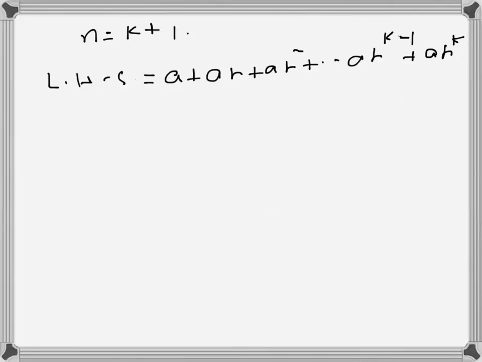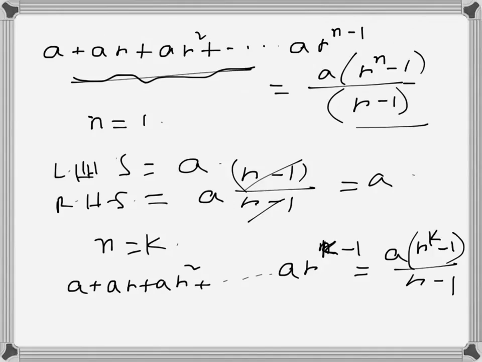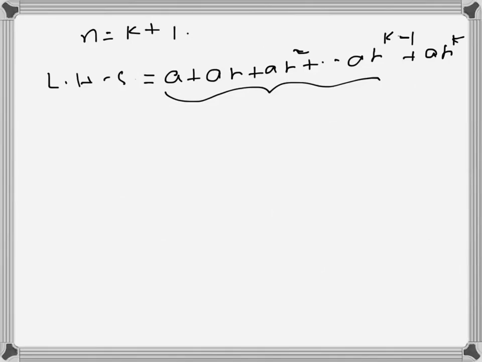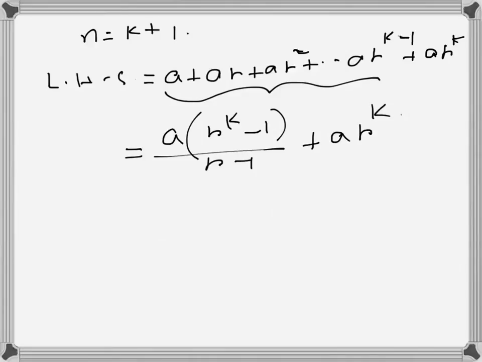Now we have assumed that the first part is true, so we can write instead a times r to the power k minus 1 over r minus 1, and this one is ar to the power k, and then we will just do the addition here.